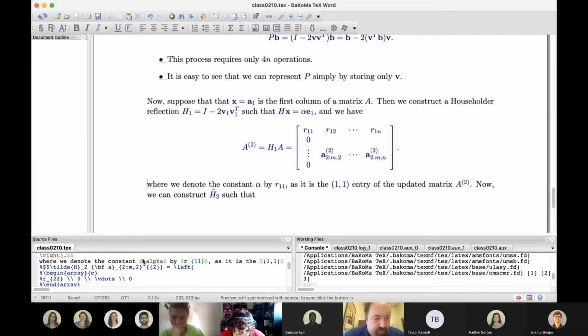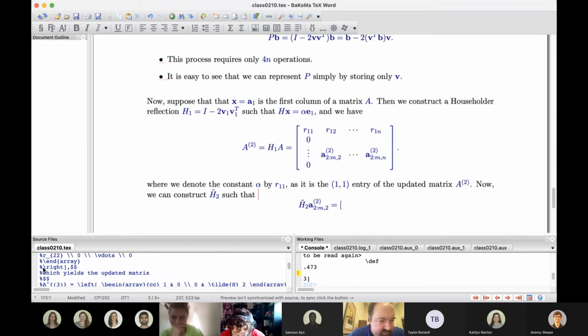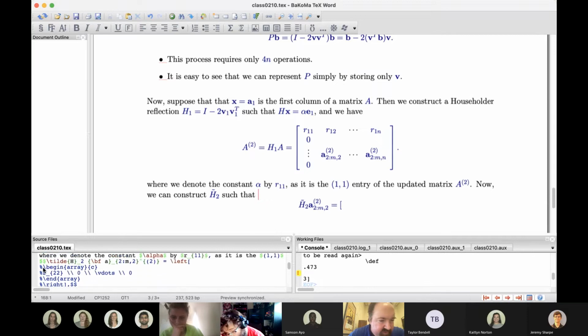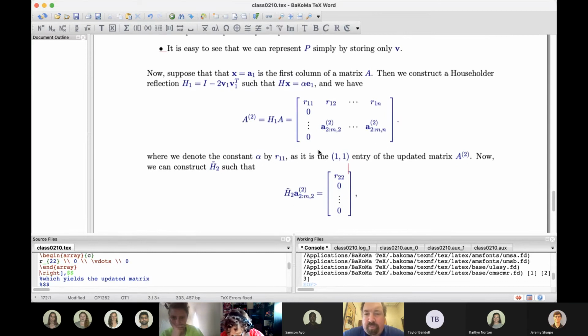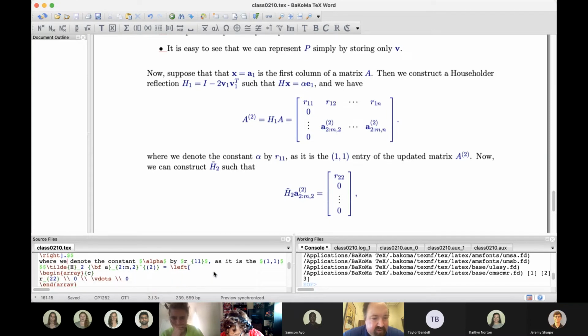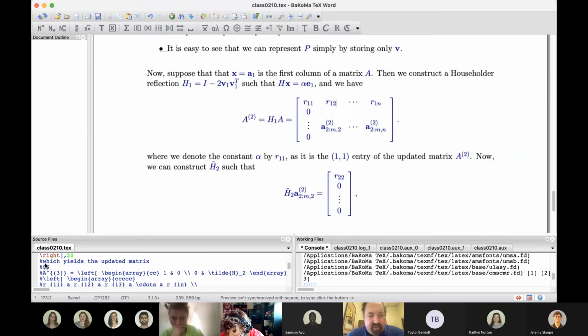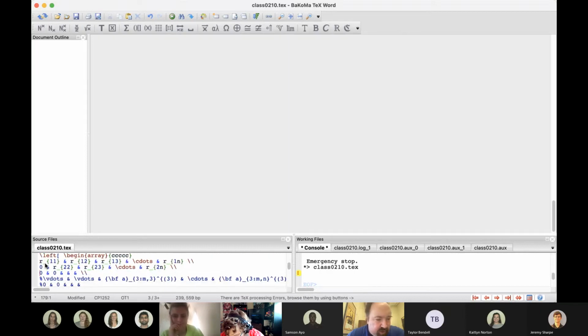So now we move on to the second column. We take this portion of the second column from the diagonal on down, every element except the first one, and we find a Householder reflection that will wipe out all this. Now, how does this affect the overall matrix A?